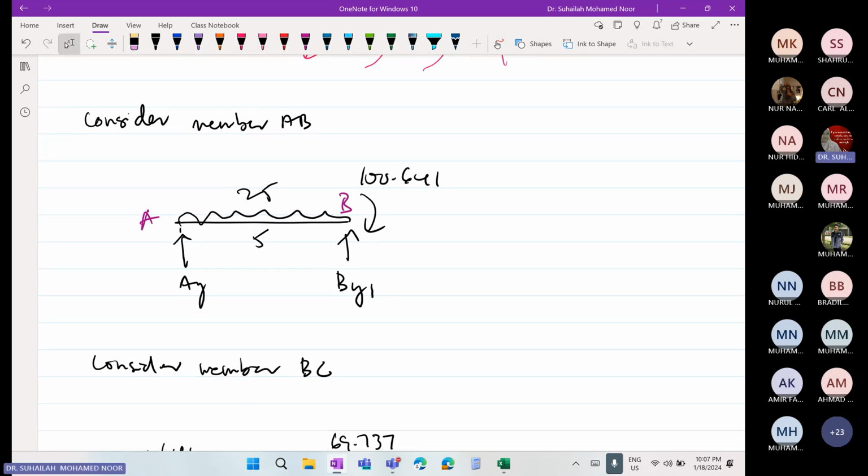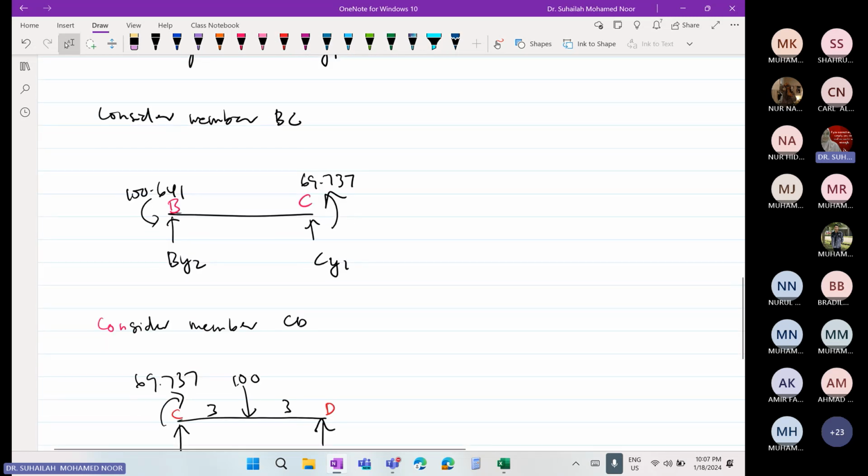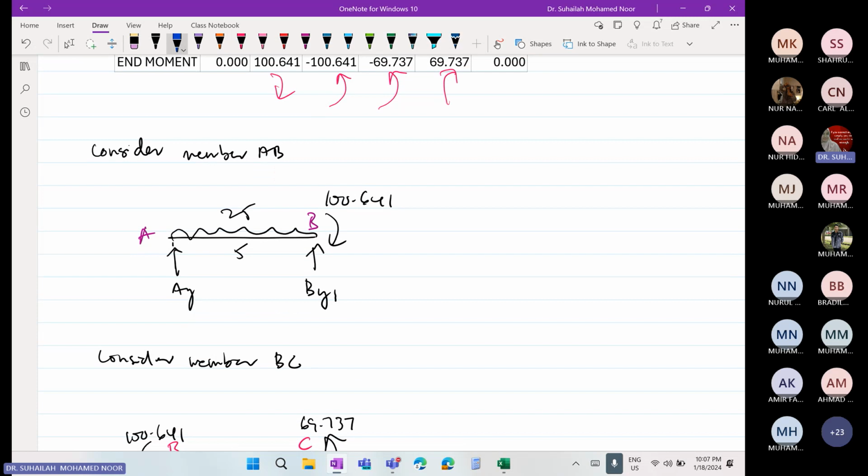So using static equilibrium, we have to determine AY, BY1, BY2, CY1, CY2, and DY. Let's say taking moment at A equal to 0, then we will get BY1. So it is 25 times 5 times 2.5 plus 100.641, we divide by 5.